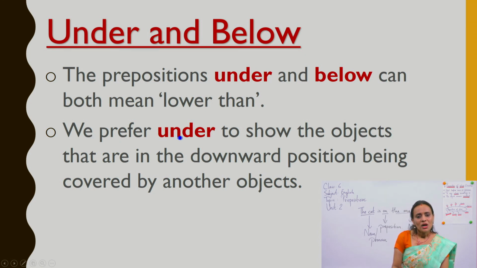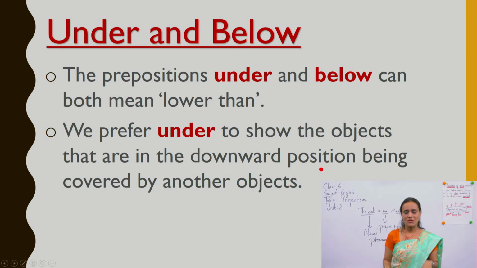We prefer under. First of all, under, then we go to below. Under is to show the objects that are in the downward positions, and I have already told you the downward, to show the downward positions being covered by another object. Just like there is one object, and if another object is downwards like this, to show this object we put under.